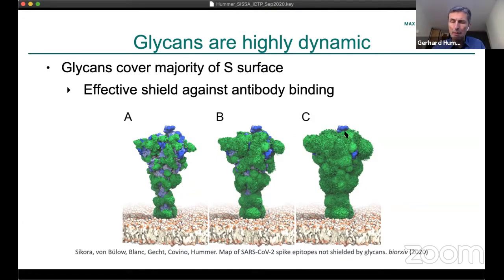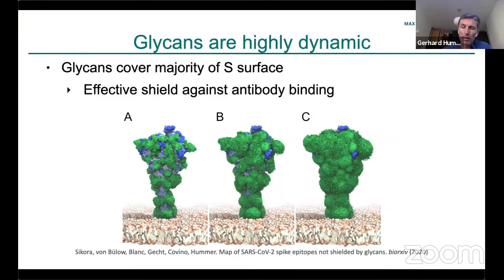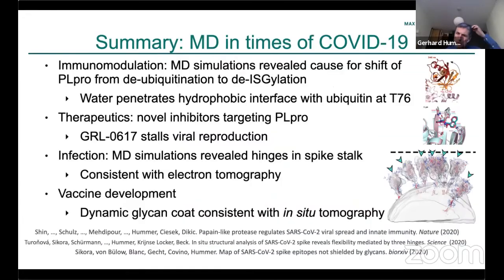They expose very, very little, just primarily the receptor binding domain with which it interacts with the ACE2 receptor. And what that means is this is a very effective shield against the binding of antibodies. So effectively the virus uses this coating by glycans as a means of giving antibodies very little distinct epitope surface to bind to.